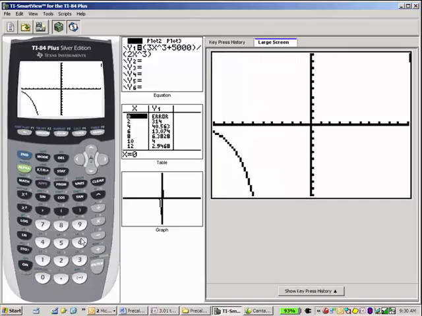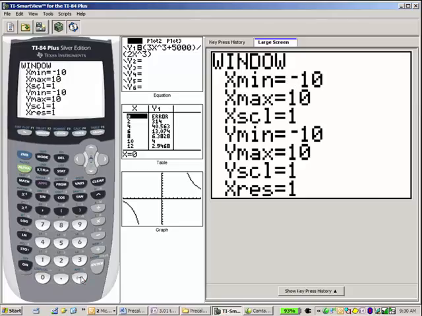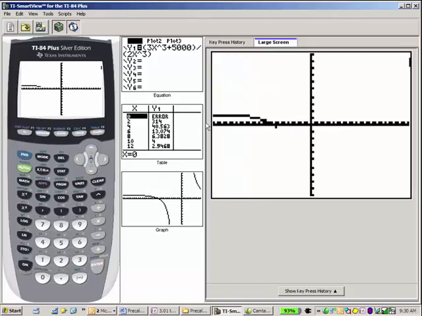Hey, look at that. I got 2 pieces of it, and I think what I'm going to do is take my x values and go from like negative 30 to positive 30. And here it is.